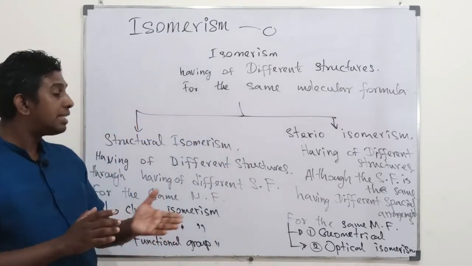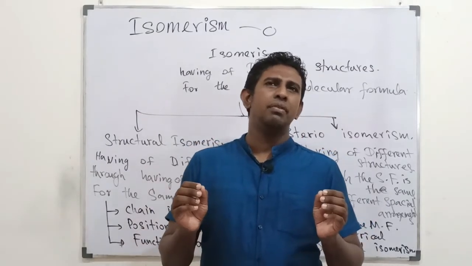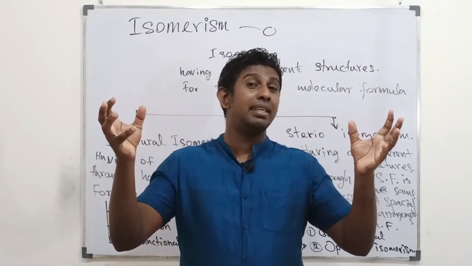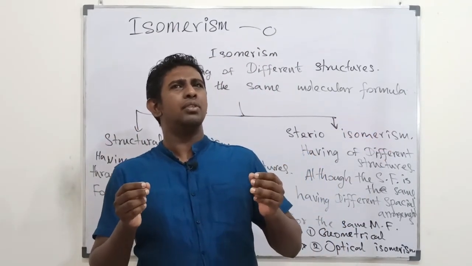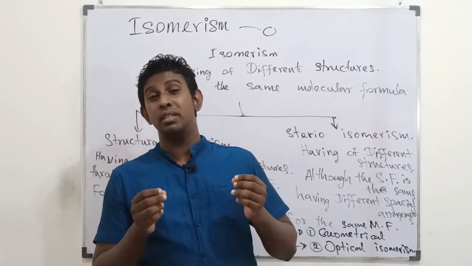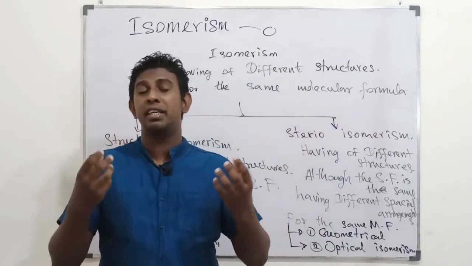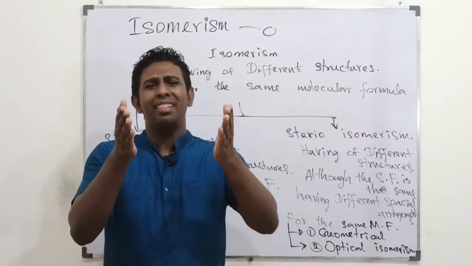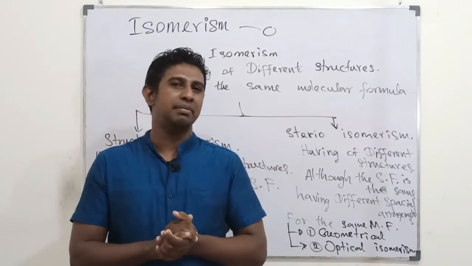Next is optical isomerism, when you have one carbon carrying four different groups arranged tetrahedrally, so those four different groups around the carbon could pack in space in two different ways.